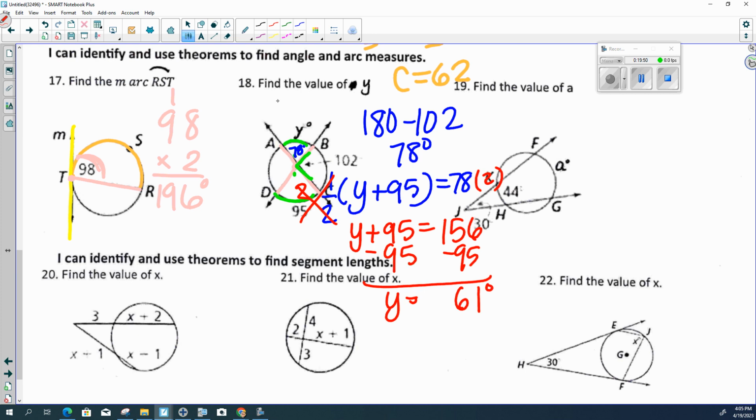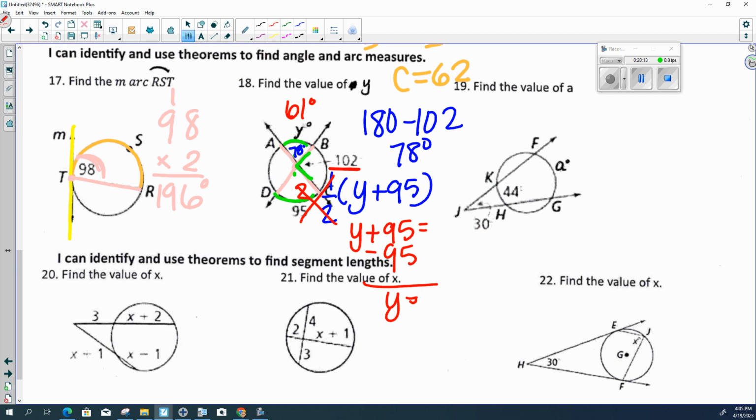What did this ask for? Find the value of y. Did I do it? Yes. So I can always double check this. If I do 95 plus 61, and I divide it by 2, I should get 78 degrees. The tricky part on this is the 102 is just a hint, so I could find one of those other angles in there.